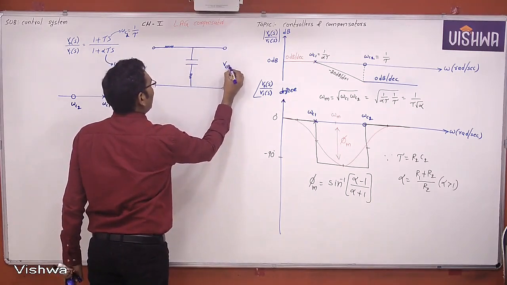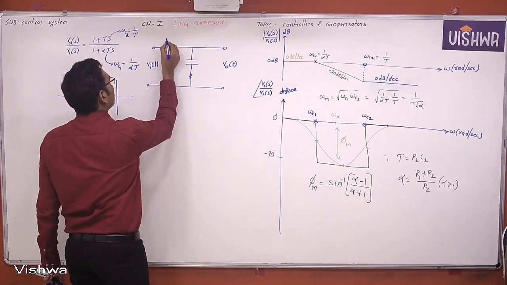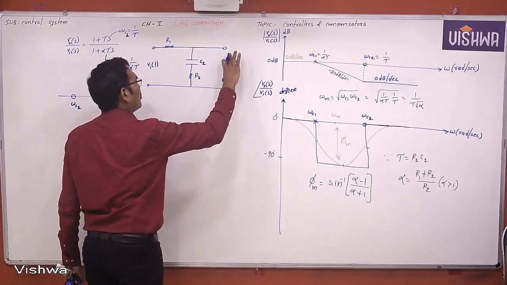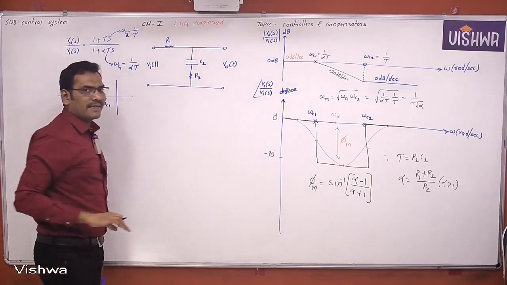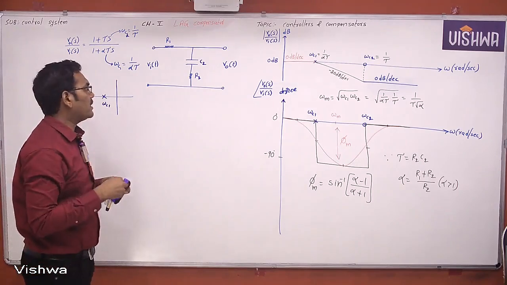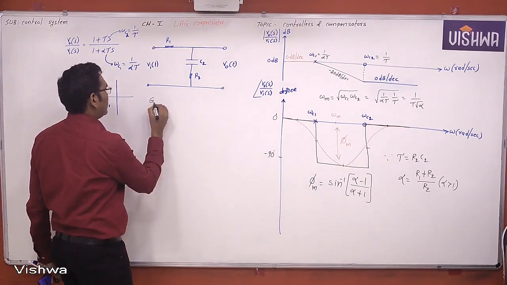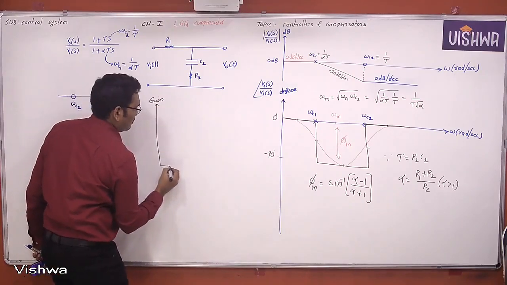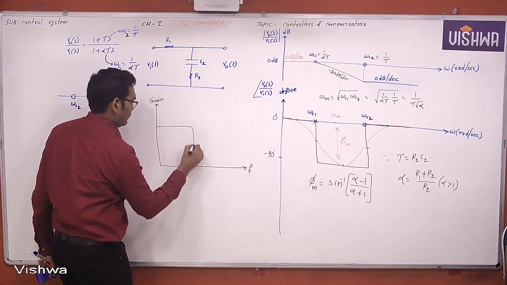And I am already saying that in the same first order system, if you take the output across a capacitor, it will act as an integrator, capacitor 1 by s. Therefore, this is the gain versus frequency characteristics.